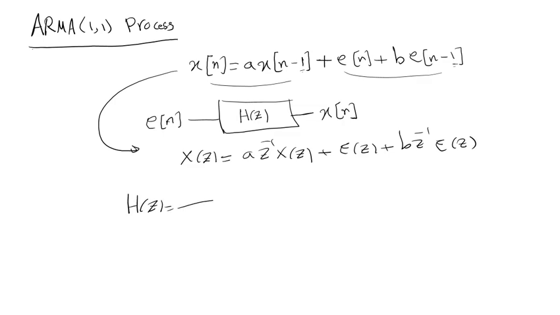H(z) equals to output z transform over input z transform, which is 1 plus b z inverse over 1 minus a z inverse. The system must be stable, so the pole of the system, absolute value of a must be lower than 1.